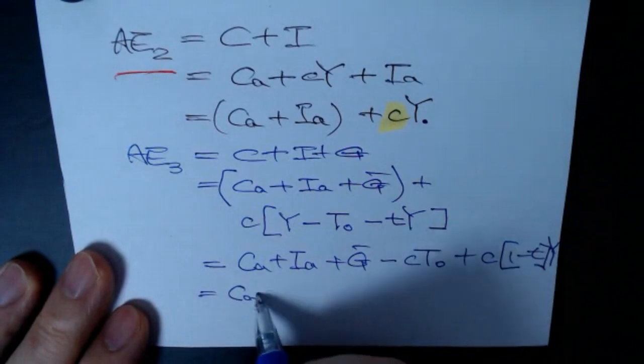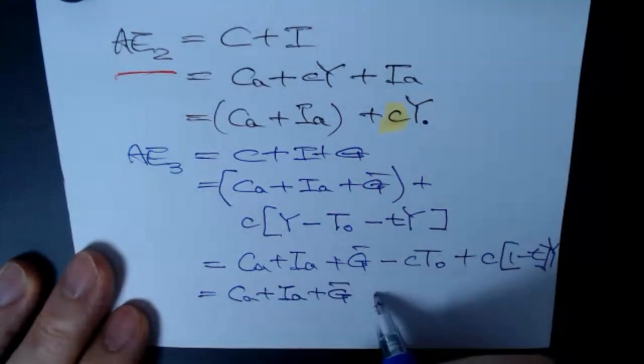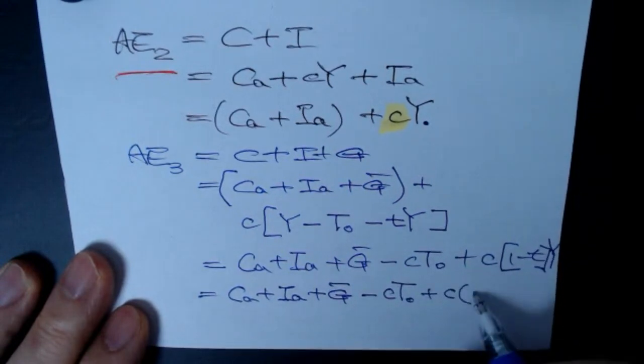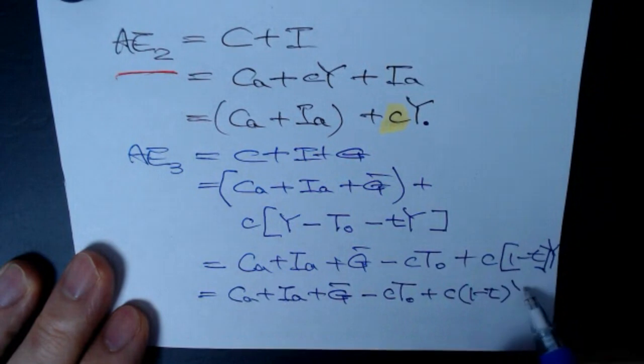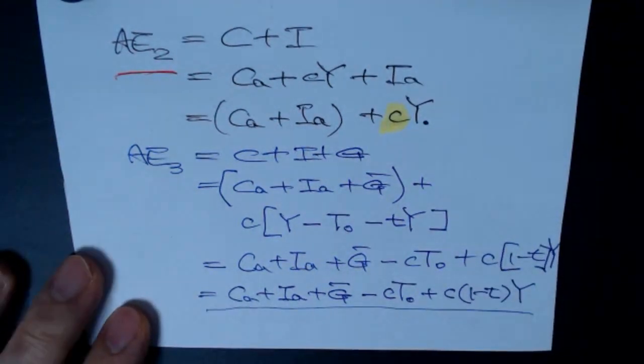So we write again C_A, I_A, G minus C T0 plus C(1 - t)Y. This is aggregate expenditure 3.